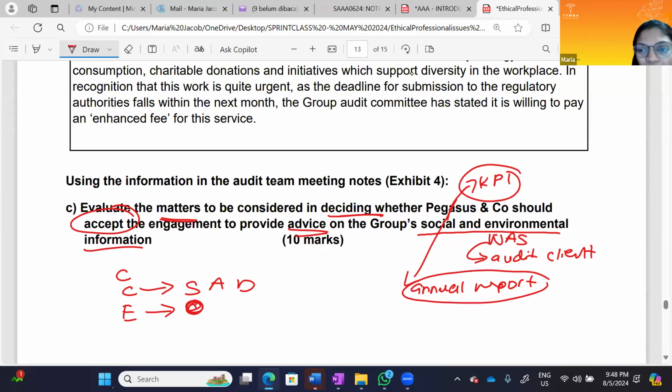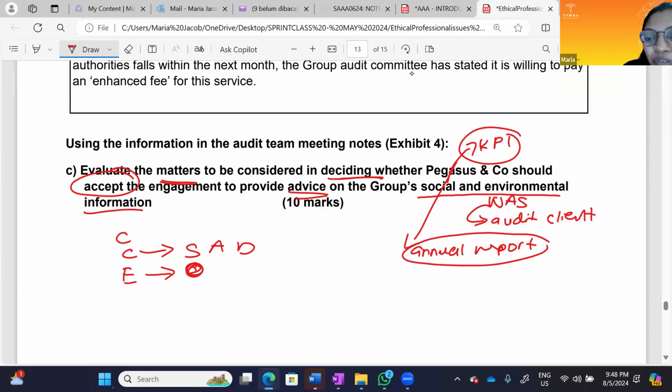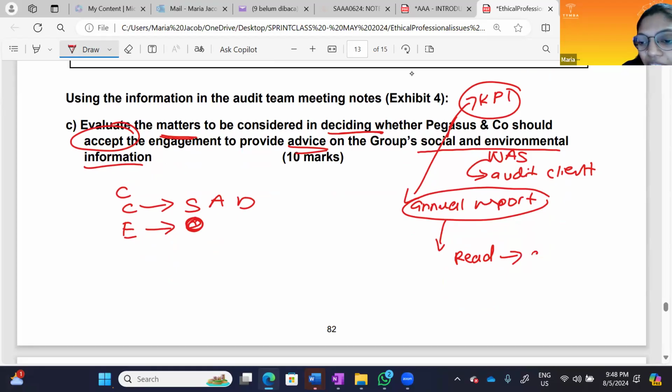Now remember that we have a responsibility as an auditor to read the other information, and after we read it, we have to respond to it because we want to identify if there is any material inconsistency.